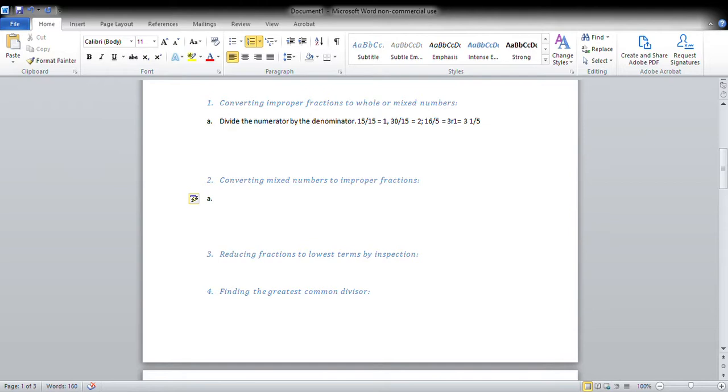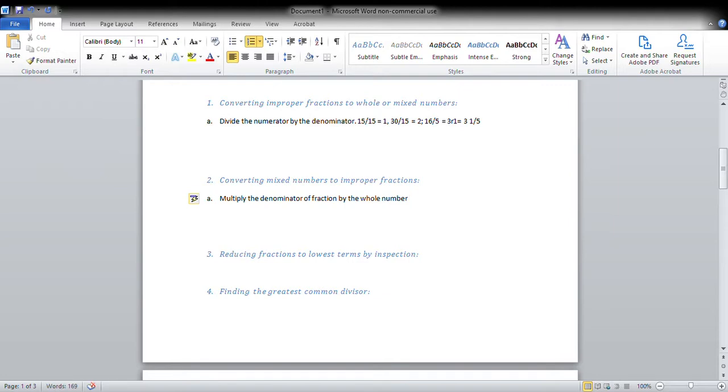The first step is to multiply the denominator of the fraction by the whole number.